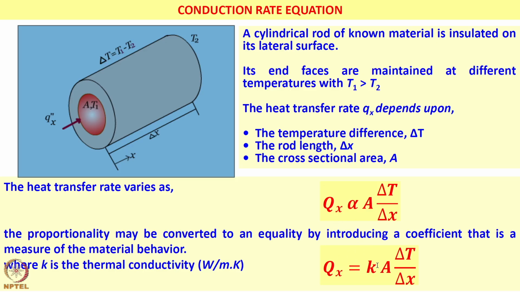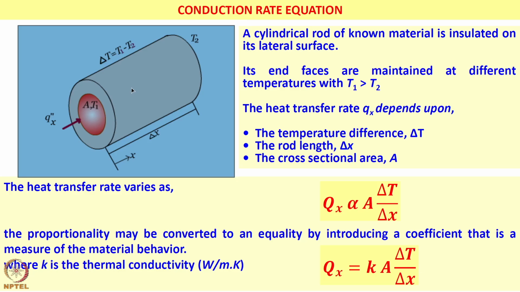Typically, you can have heat transfer in the radial direction and no heat transfer in this direction. This is called the axial direction, along the axis, and this is called the radial direction, along the radius. So, if you are having radial conduction, Q_r would be minus K A dT by dr, or Q_r is equal to K A delta T by delta r.